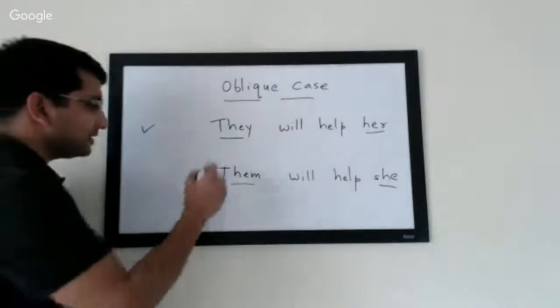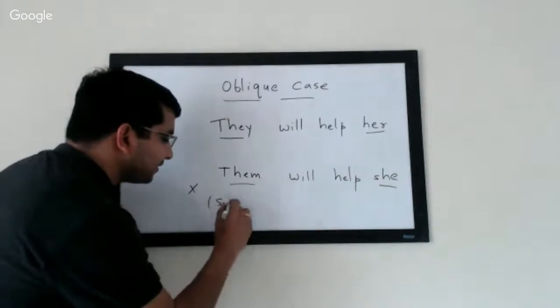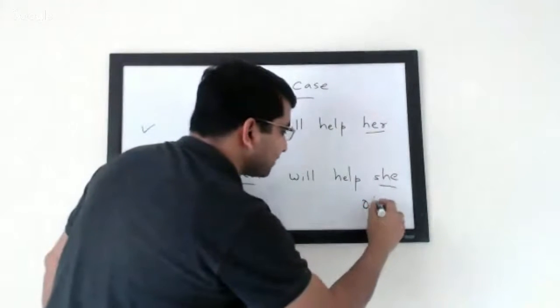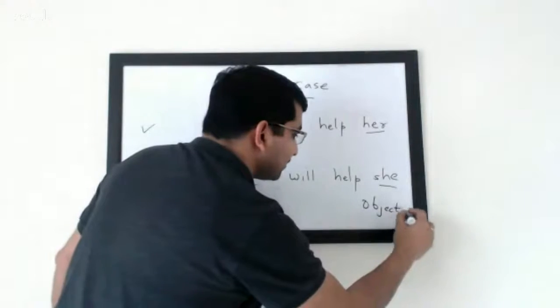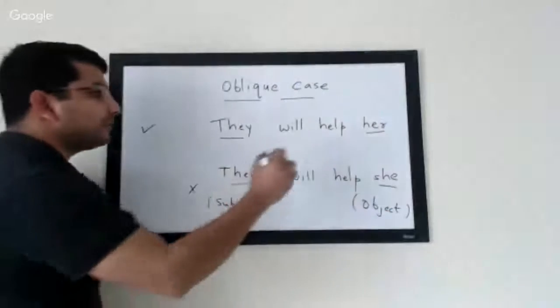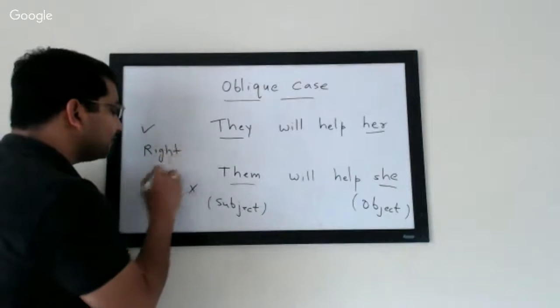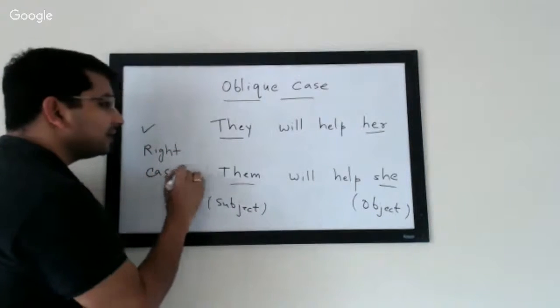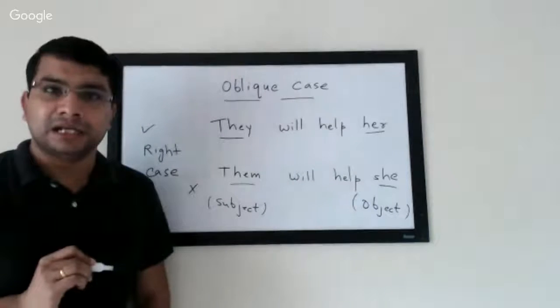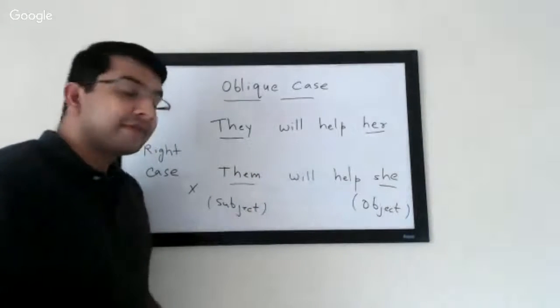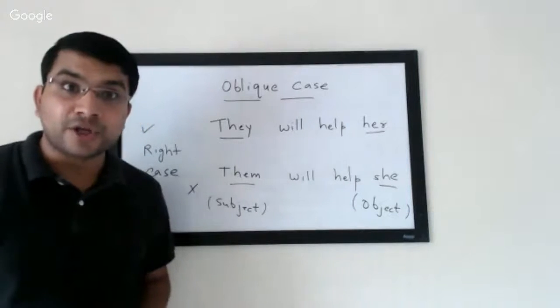In this case, you can see that this is a subject, and this is an object. If subject and object are used in the right cases, the sentence makes sense. It's grammatically correct. But when you start using both of them in a different case, the sentence becomes inaccurate, right?